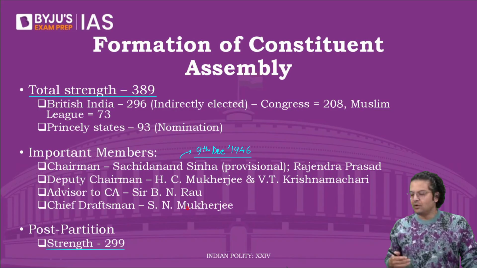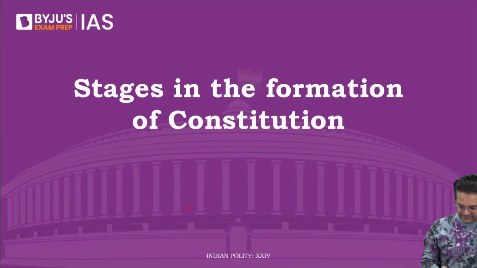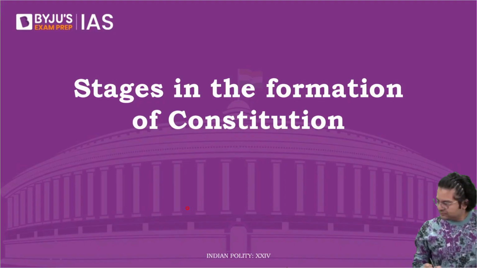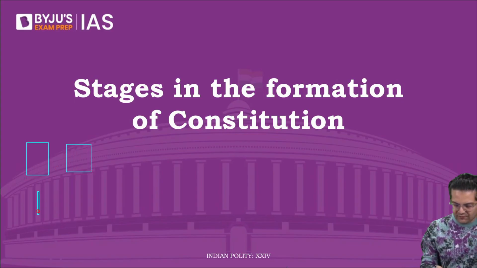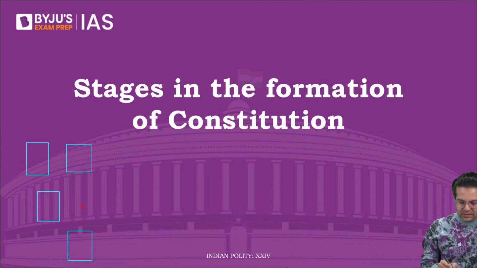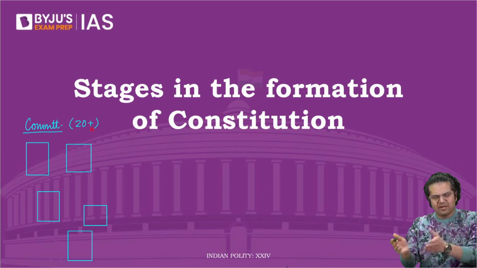Anyway, now how was this rule book formed? Very simple. This is a very big rule book. So there were multiple committees formed on various topics. 20 plus committees were formed, and these committees had members from the assembly only.